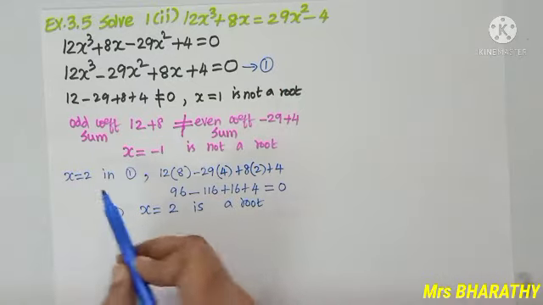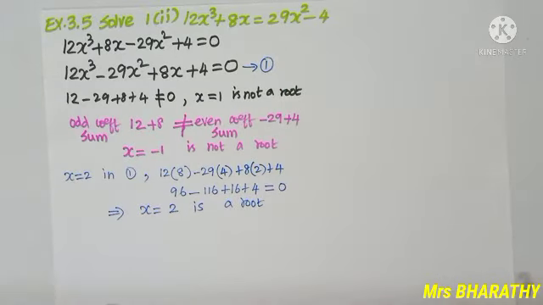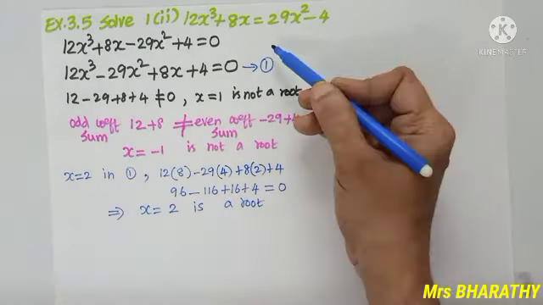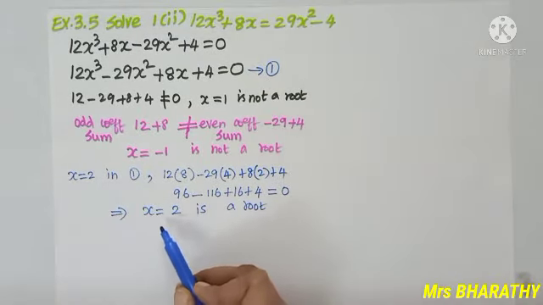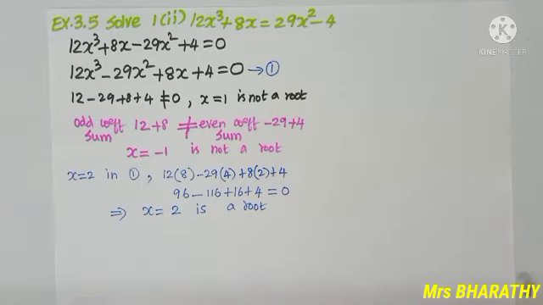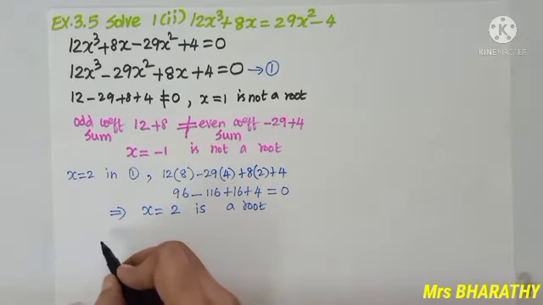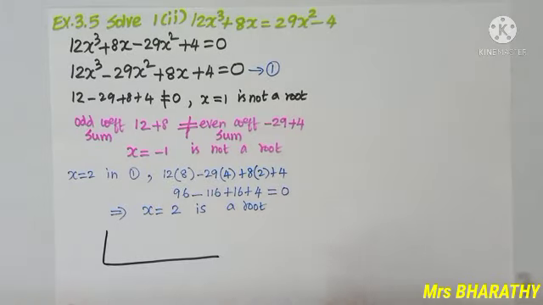Third chance, let me check x is equal to 2. So by trial and error, we are checking the roots, and fortunately I have identified one root. Once I know a root of the equation, let me go with synthetic division method to identify the quadratic factor.